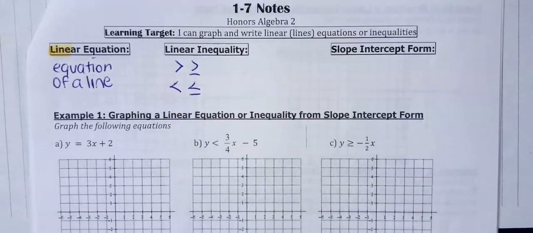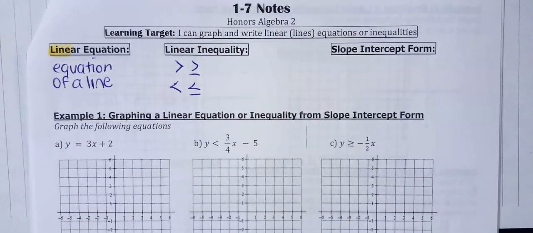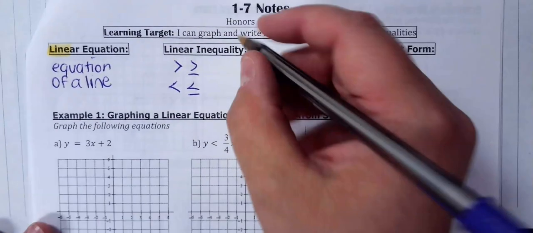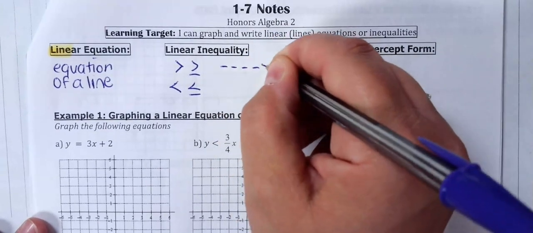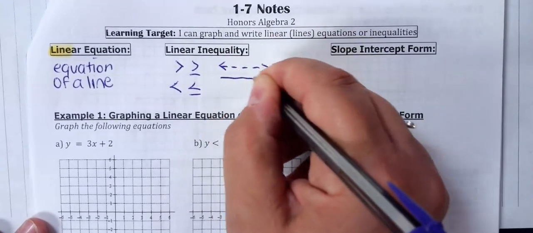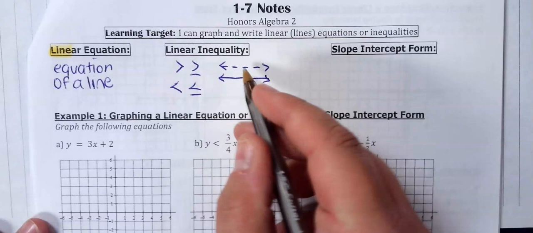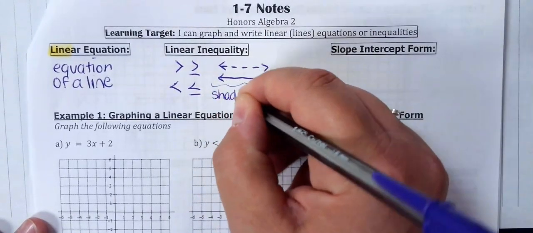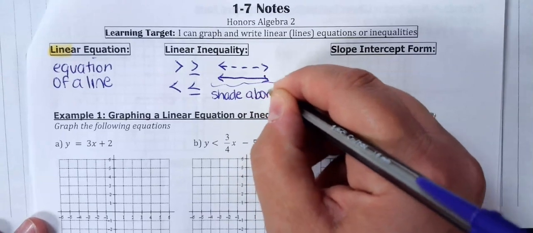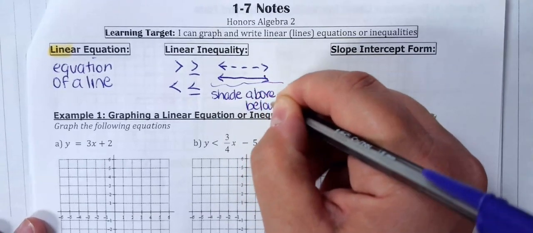With an inequality, you have to think about 2 choices: is the line going to be dashed or solid, and are we going to shade above or below? We're going to review that today.